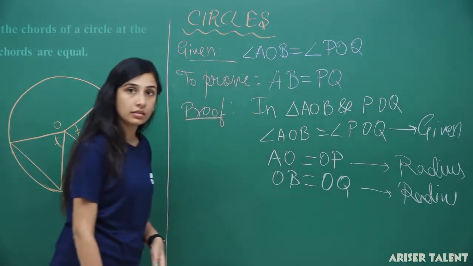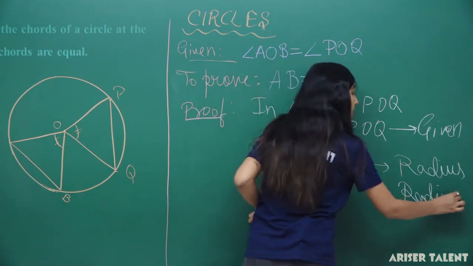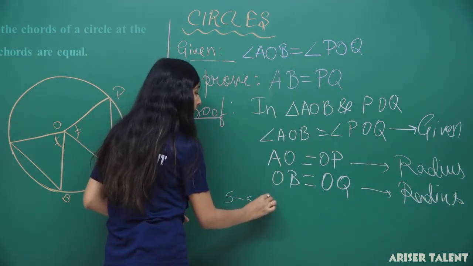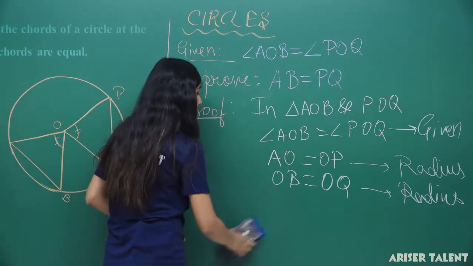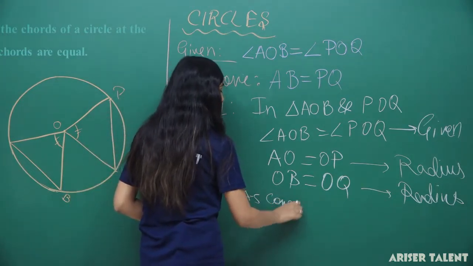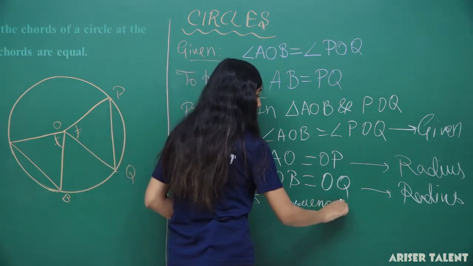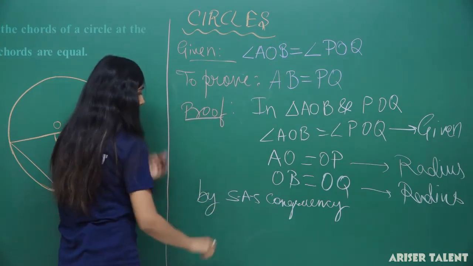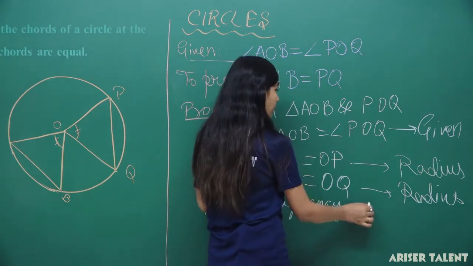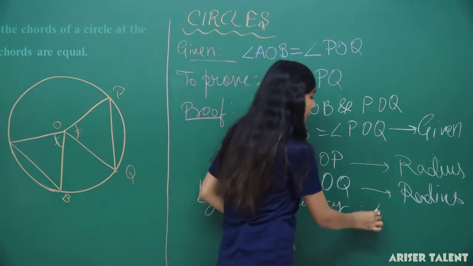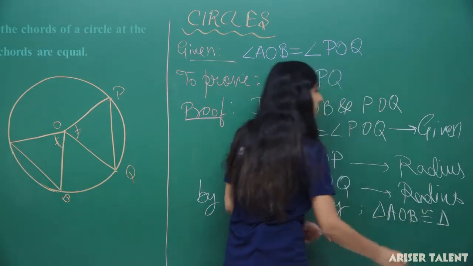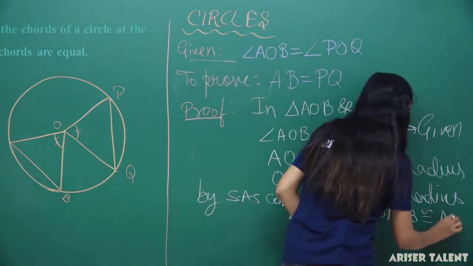So by this side angle side congruency, we will say that triangle AOB is congruent to this triangle POQ.